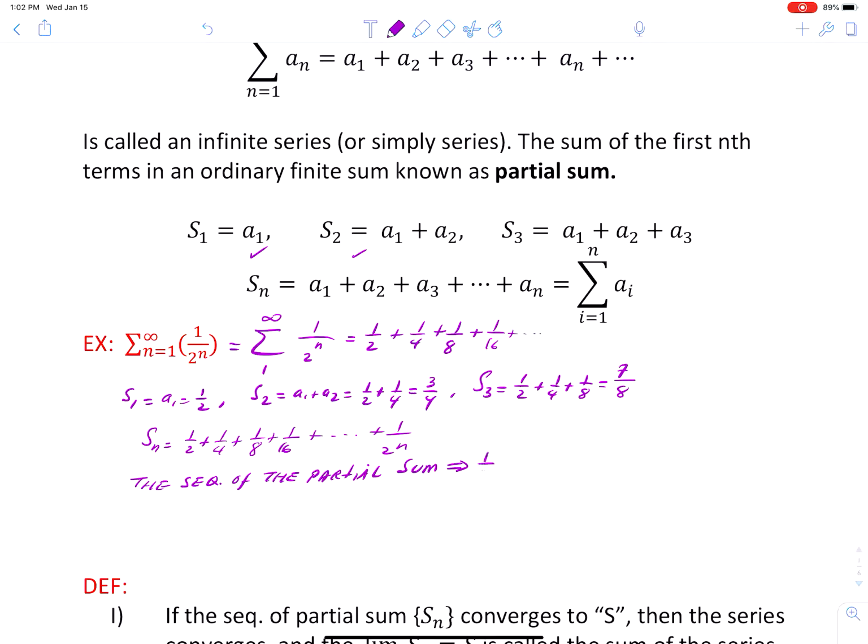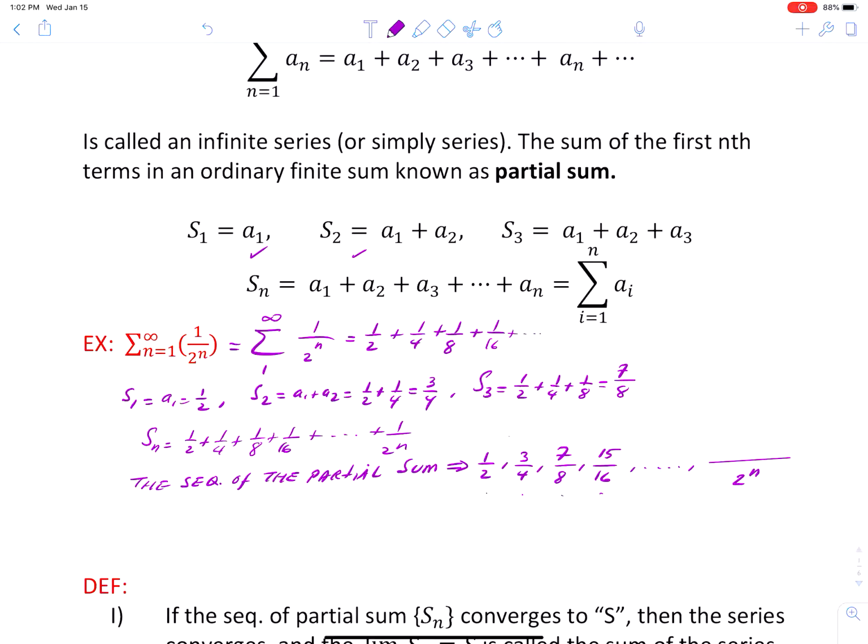The first one was 1/2, S2 was 3/4, S3 was 7/8, and based on the pattern, if I do S4, I should get 15 divided by 16, and so forth. So if I try to find out what the n-th term formula would be, if I look at the bottom of the fractions, I get 2, 4, 8, 16. So that's like 2 to the power n.